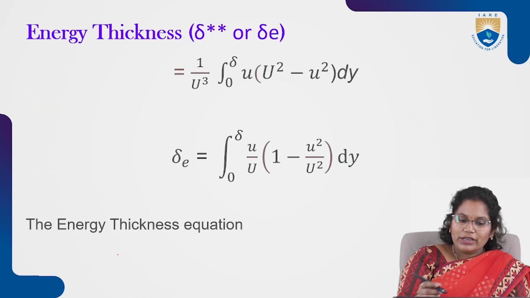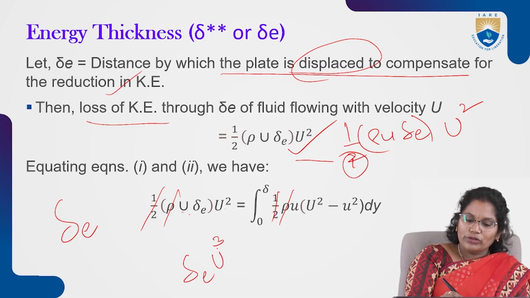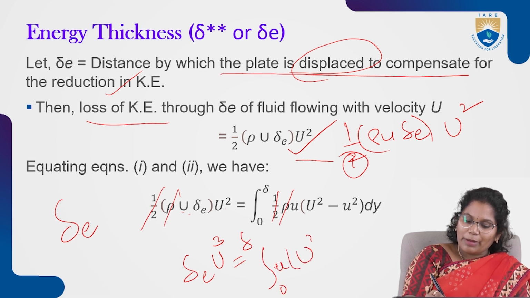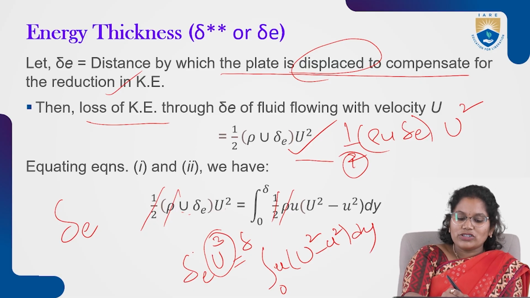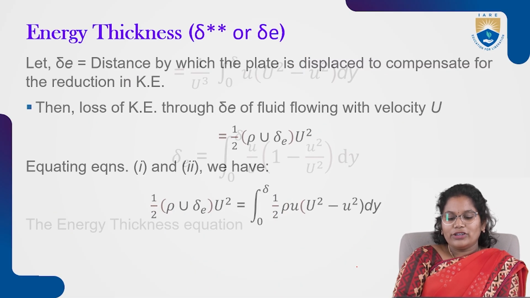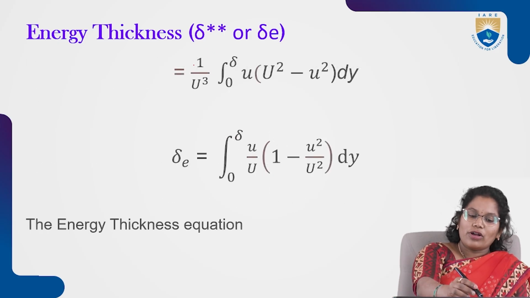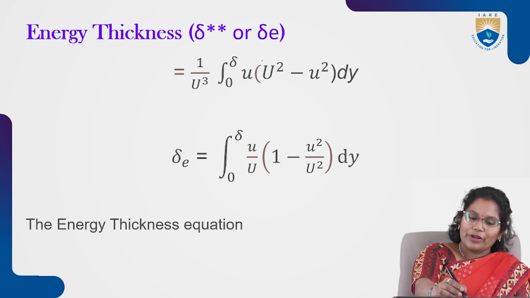So what you get is delta E into capital U cube equals the integration from 0 to delta of small u into capital U square minus small u square into dy.